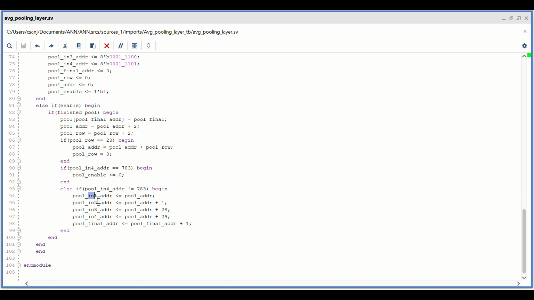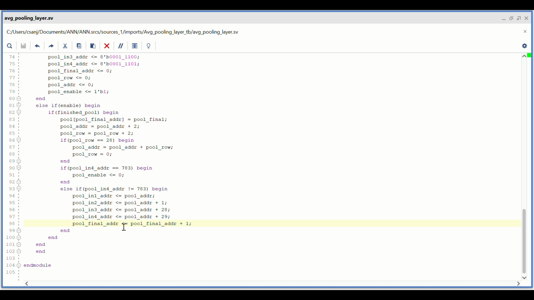The first input pixel address is computed using pool address. The second input pixel address is computed using pool address plus 1. The third input address is computed using pool address plus n, where n in this case is 28. In our numerical example, it was 6. And the fourth pixel address is computed using pool address plus n plus 1, which is pool address plus 29, since n here is 28.